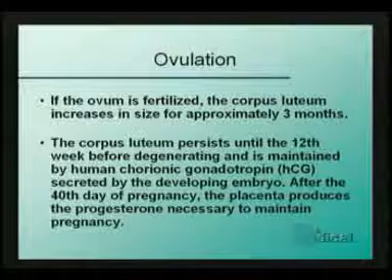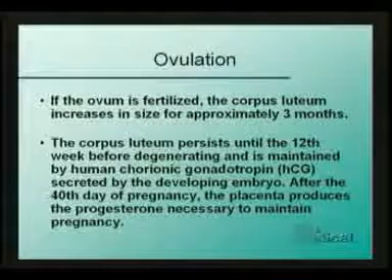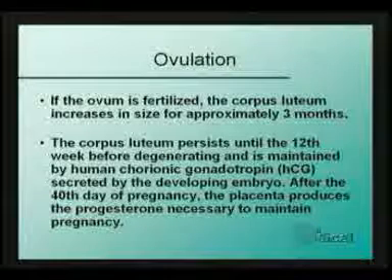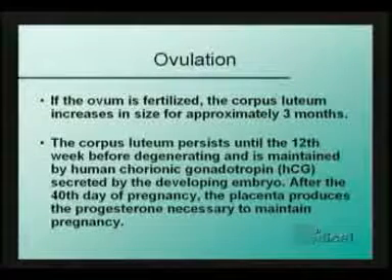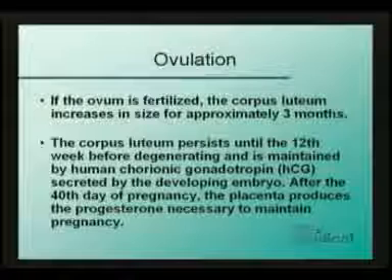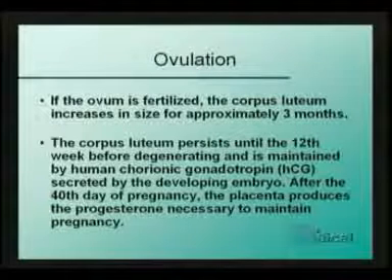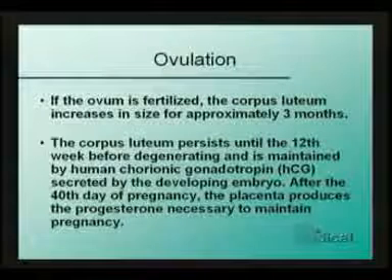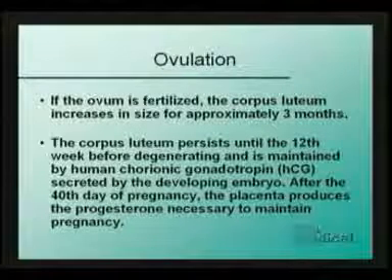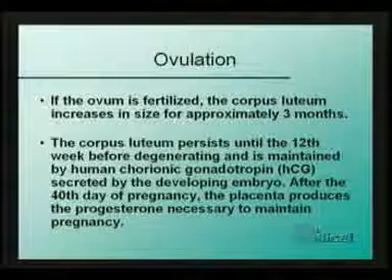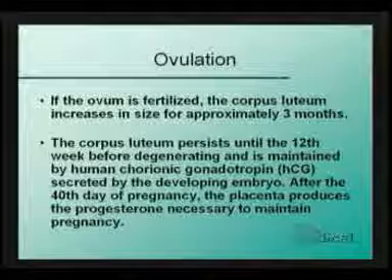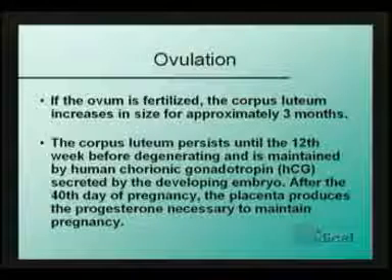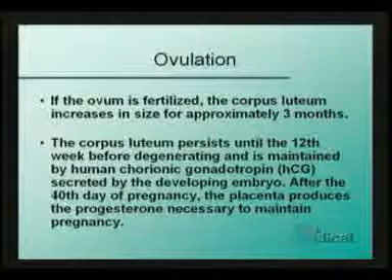And basically, if that ovum is fertilized, as we pointed out, the corpus luteum basically will increase in size for the next 3 months, and its progesterone output is then maintained by human chorionic gonadotropin that's produced by the syncytial trophoblast cells in the developing embryo. And following about the 40th day of pregnancy, the placenta takes over progesterone function such that the corpus luteum, basically, its functional role is decreasing through the balance of pregnancy.